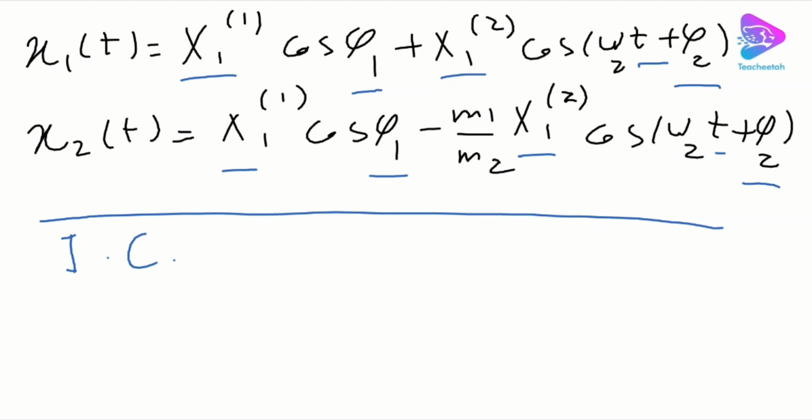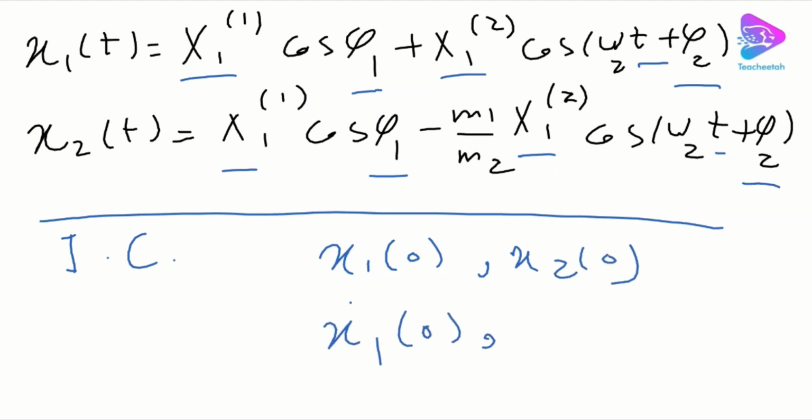As before, we need, say for example, x1 at 0, x2 at 0, x1 dot at 0, and x2 dot at 0. If we know this, we can apply these initial conditions into the above equation, same as before, and find the 4 unknowns and the time response of the system, right?